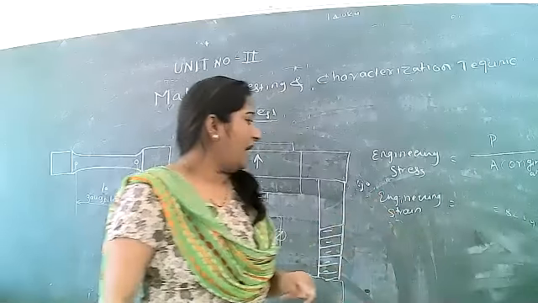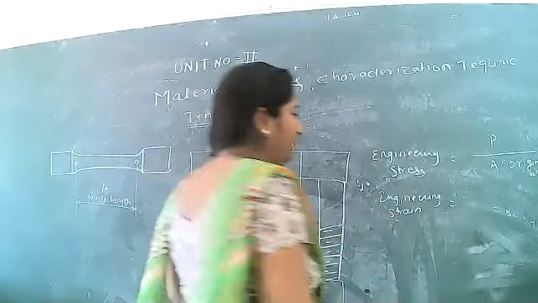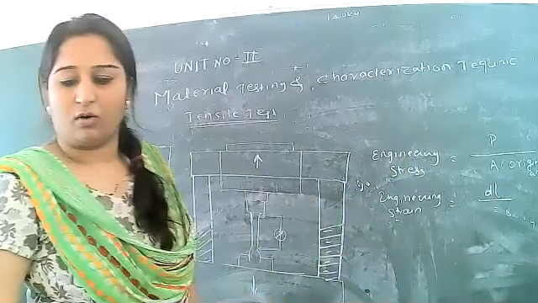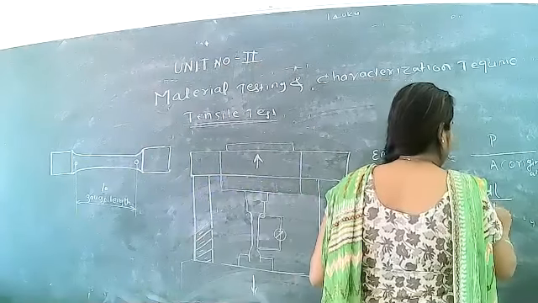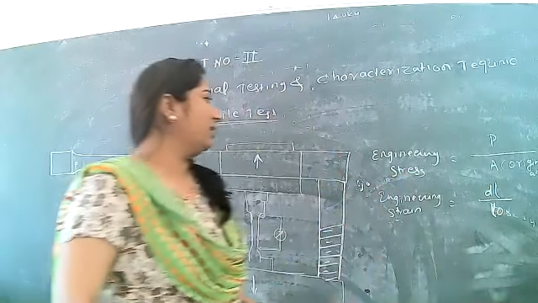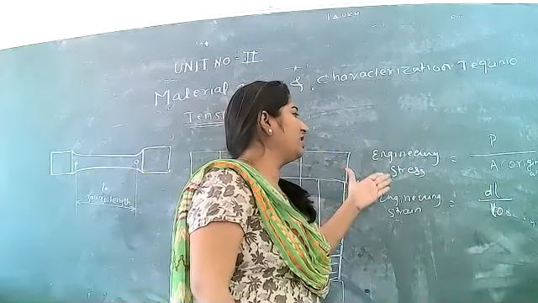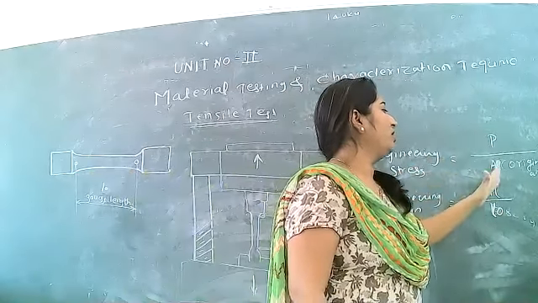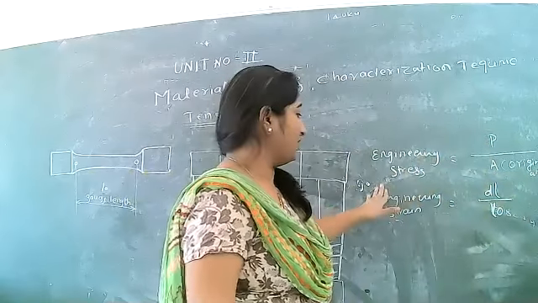This is the definition of engineering stress: the ratio of force to the original cross-sectional area is called the engineering stress.